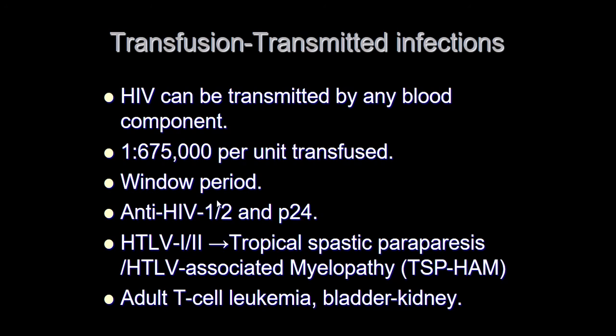So remember the window period, that the patient is infected but doesn't have any antibodies to show, and usually is not positive. The antibodies that we monitor in those HIV patients are for HIV-1 and HIV-2 and the P24, as I said.